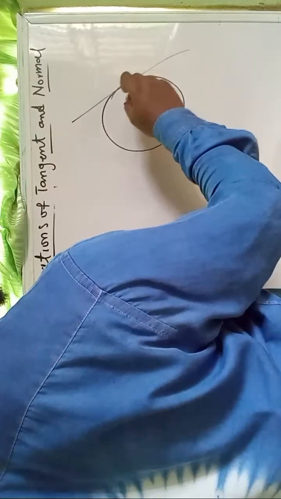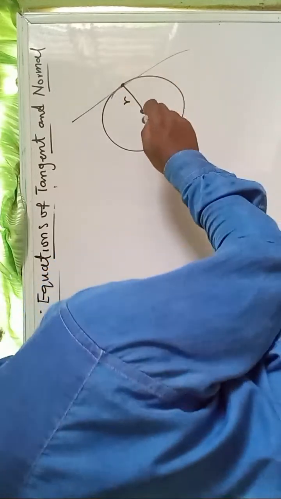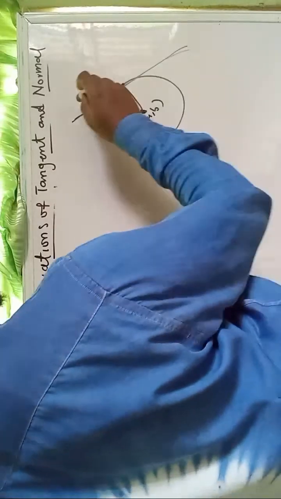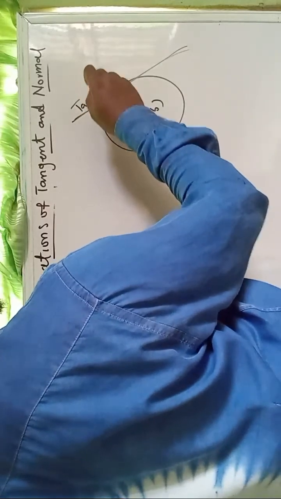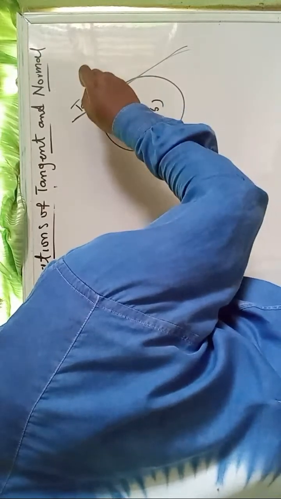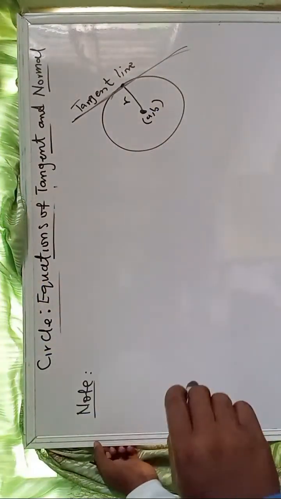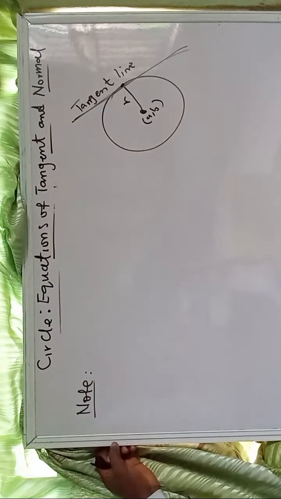From here to here is the radius of the circle. This is the coordinate of the center, and this line is the tangent. That's the tangent line.